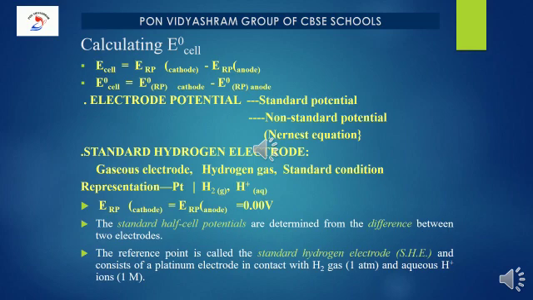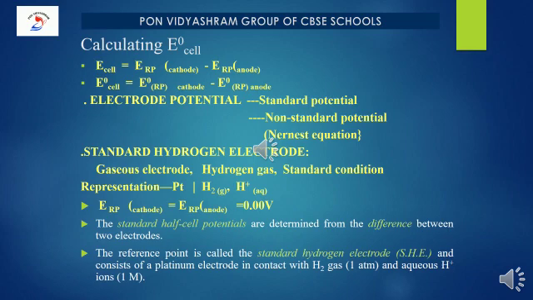Before we talk about the apparatus part, the representation of this standard hydrogen electrode will be platinum electrode, H2 in gaseous form and H plus in the aqueous solution. For this particular cell, ERP of cathode or ERP of anode will always be 0 volt.